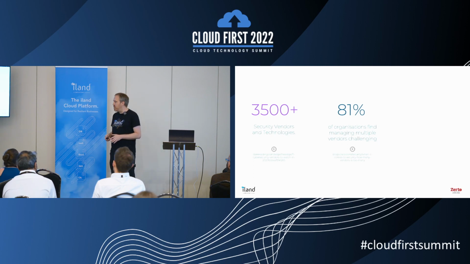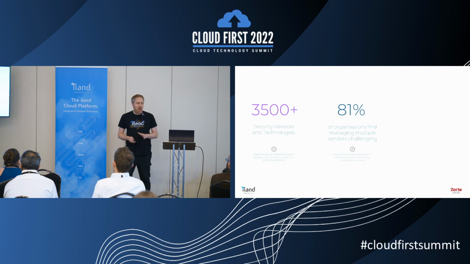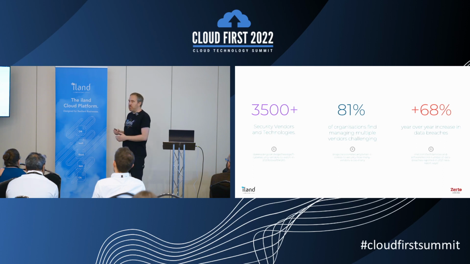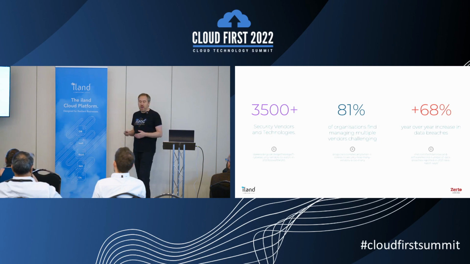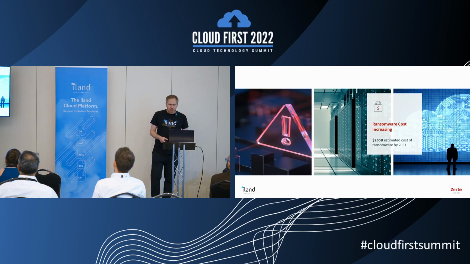And the end result is, even though we have this wide range of security technologies in place, we have good solutions, with these challenges come the reality that year over year, data breaches continue to happen. We see growth in the number of data breaches, even though we have these solutions in the mix. So what do we do about that?